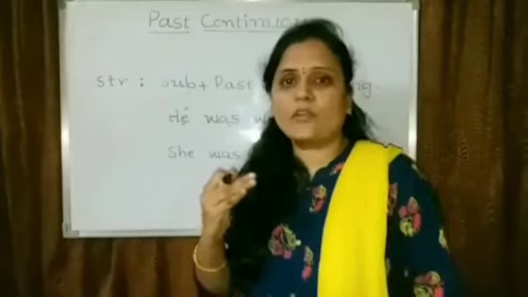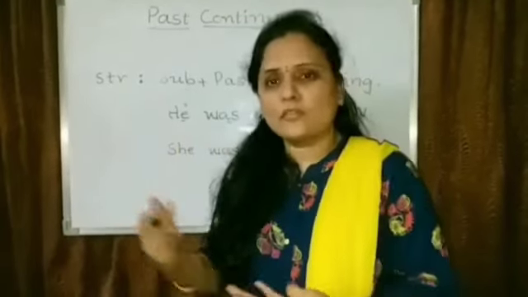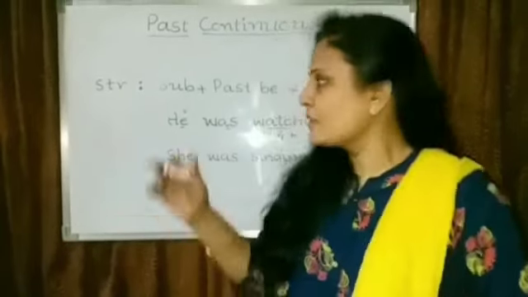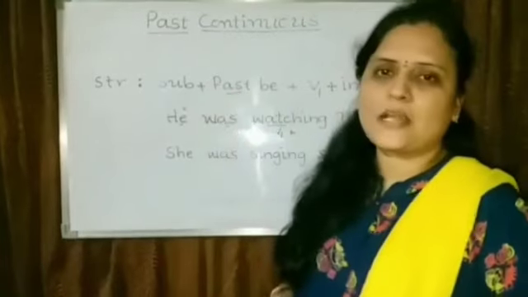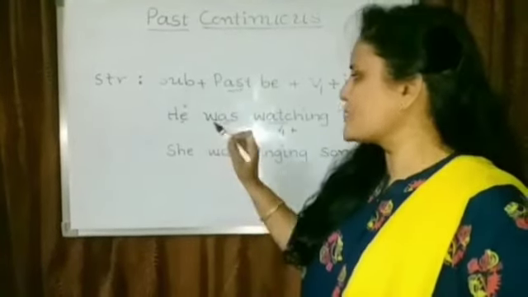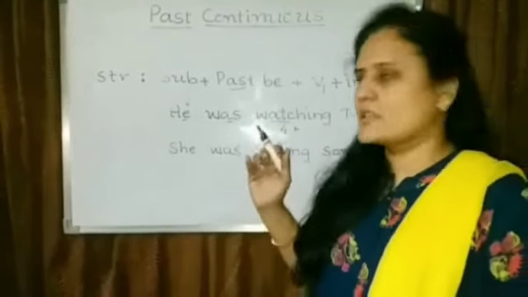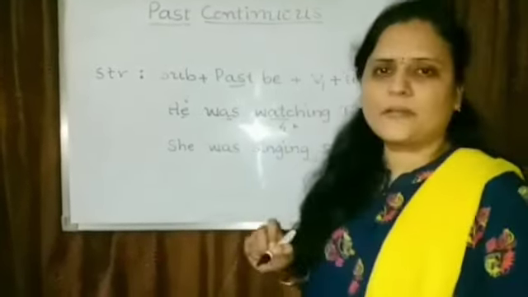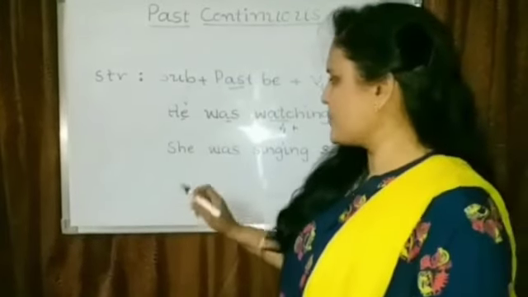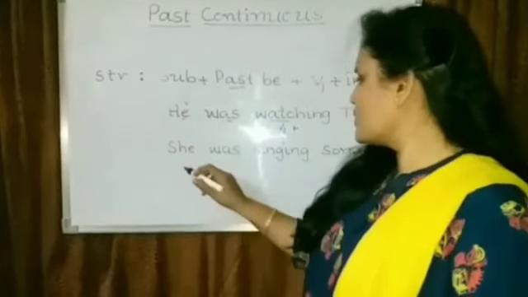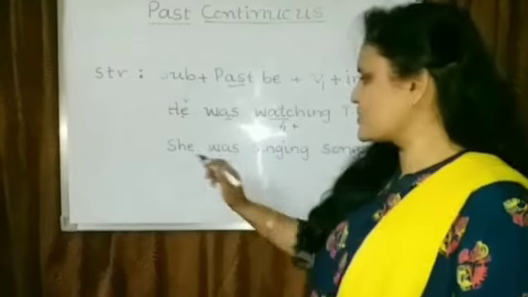So in the continuous form we have to use only V1 plus ing. But how to identify whether it is present continuous or past continuous? That is by the past be form. So was is given. That's why he was watching. Watch plus ing, watching. He was watching TV. And see this example. She was singing songs.